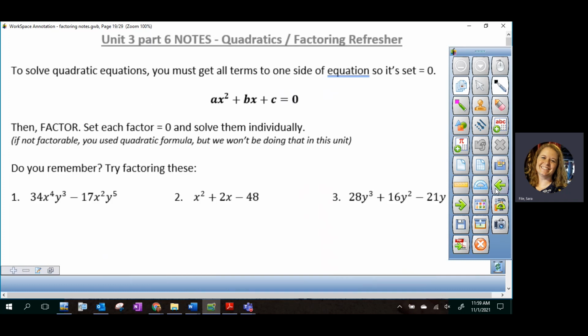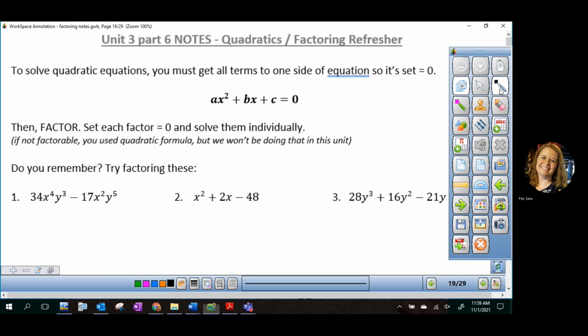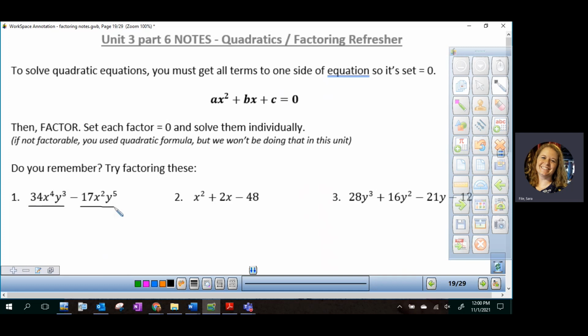So in those examples here, number 1 is a greatest common factor problem. Okay, we want to know, what do those terms, 34x to the 4th y cubed and 17x squared y to the 5th, what do those have in common? Okay, what can both of those be divided by?